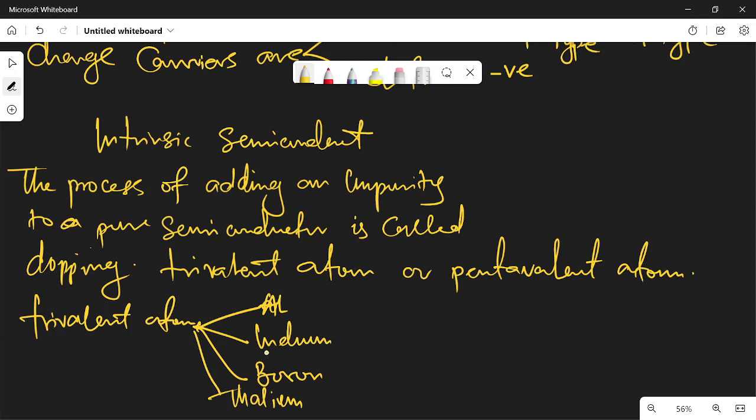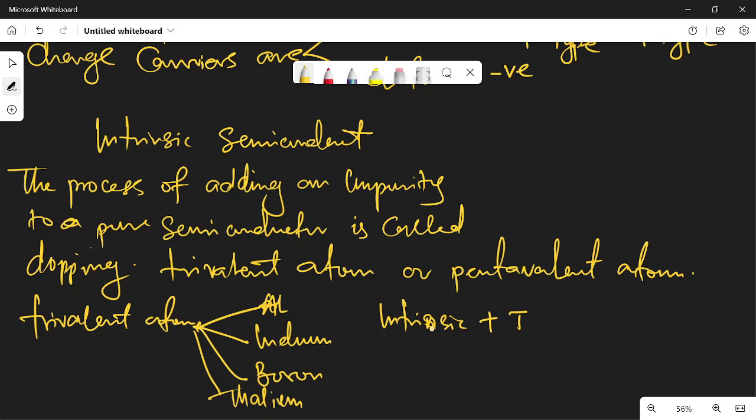So these are trivalent atoms. So we have that when you have an intrinsic semiconductor plus either boron, aluminium, indium, or thallium, that is a trivalent atom.